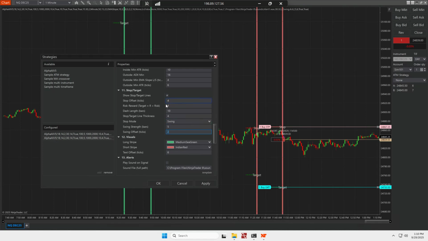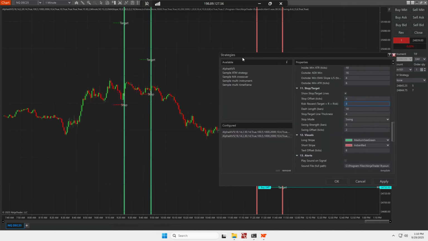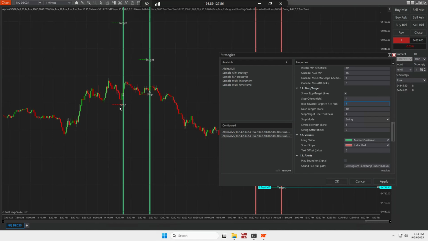So this is offset ticks. Risk reward: you can see the system prints signals and the stop loss line at the swing low or high, and the target. It's going to print it regardless of whether you turn the trade on or off, so you can see by eye what's happening.